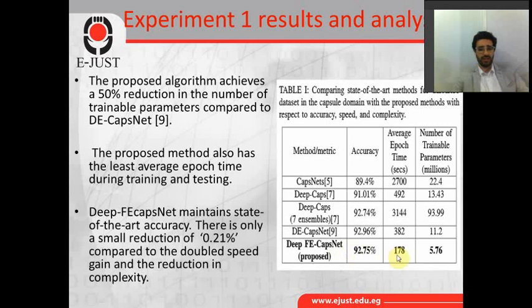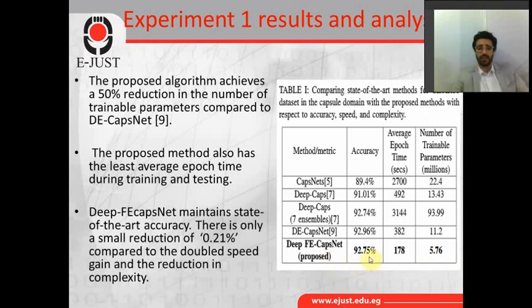Now, regarding the analysis, as we can see here, the proposed method excels in the average epoch time. It is the fastest among multiple capsule domain methods, and it also excels because it has the least number of training parameters among all the capsule domain methods mentioned here in the table.